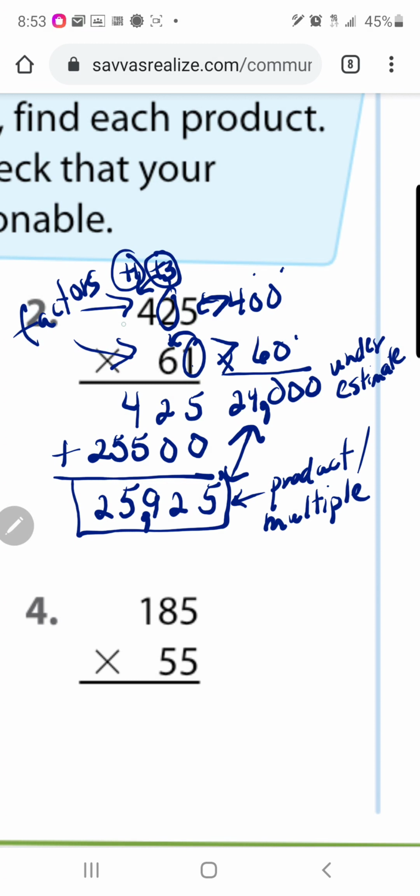We say that 425 is a factor of 25,925, or we can also say that 61 is a factor of 25,925. If we start with a product first, we can say that 25,925 is a product of 61, and 25,925 is a product of, or multiple of, 425.